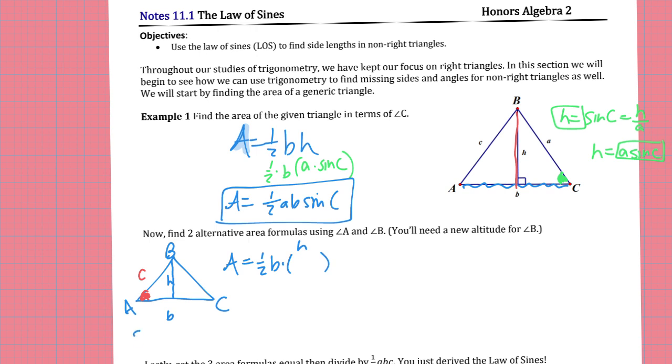So we're going to do the sine of A is equal to H over the length of C, cross multiply.